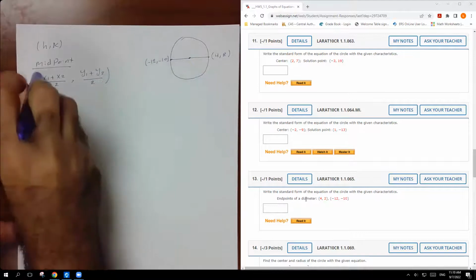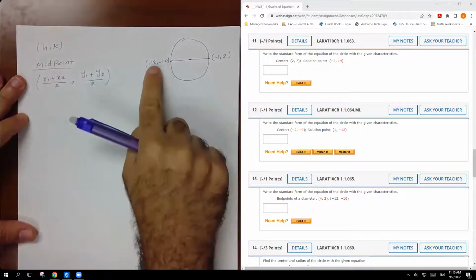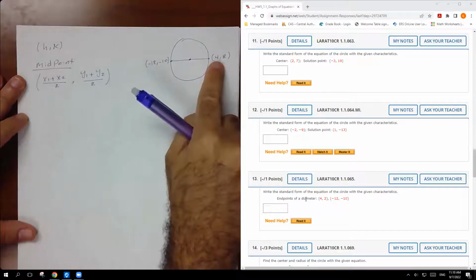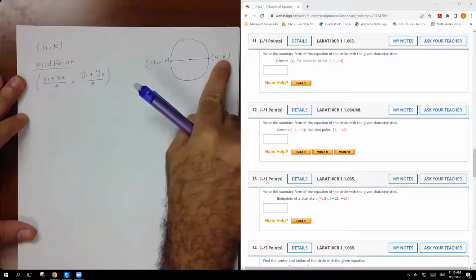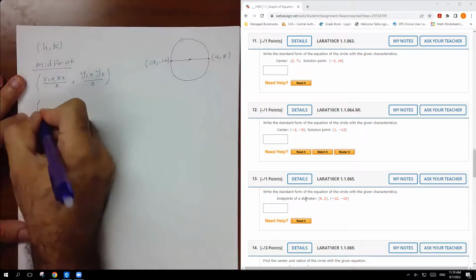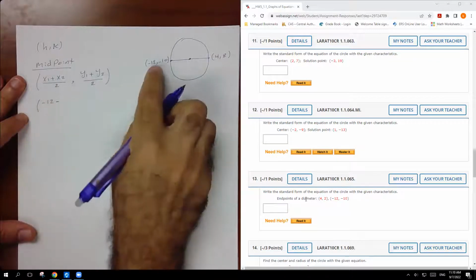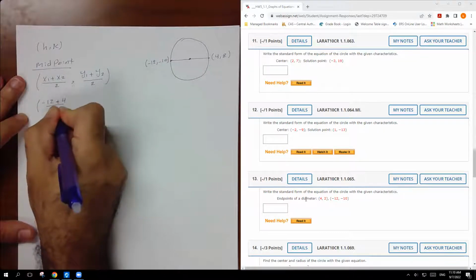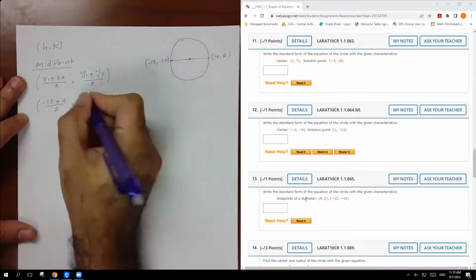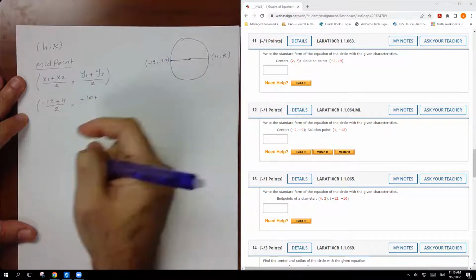So here's the midpoint formula. On this one, it's negative 12 plus 4 over 2, and y1, which is negative 10, plus 2 over 2.